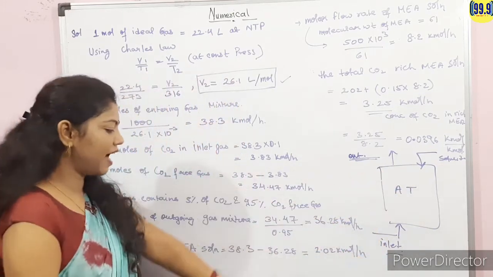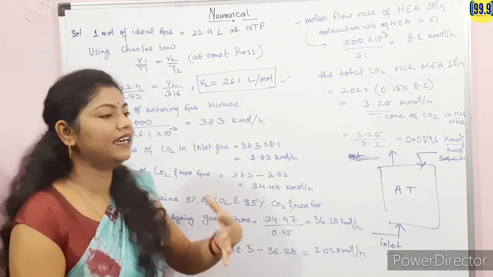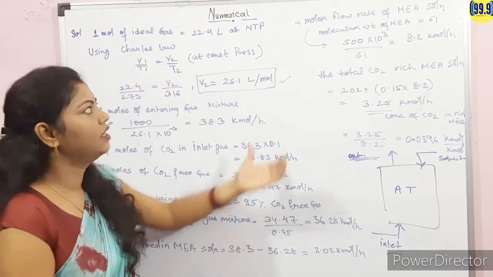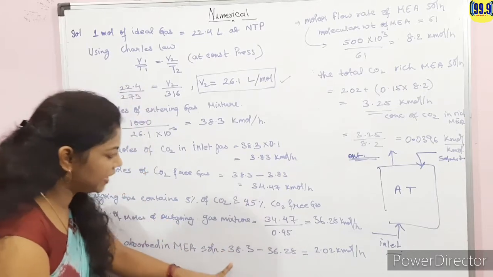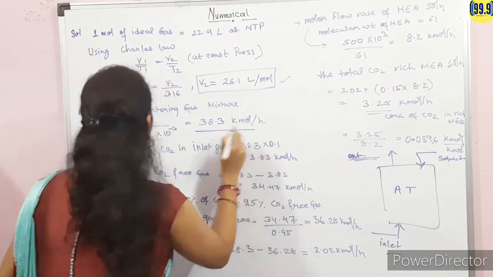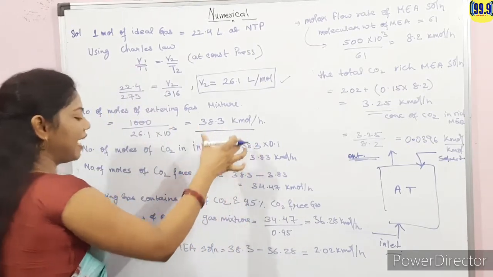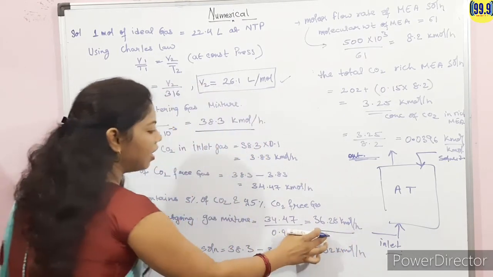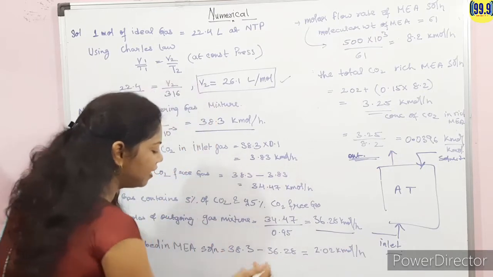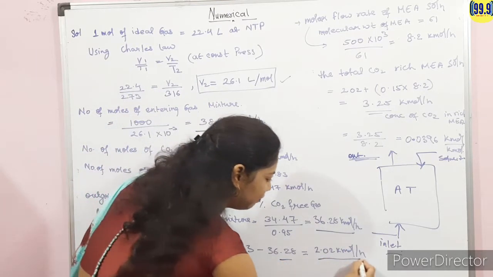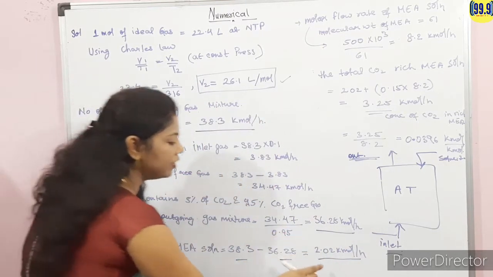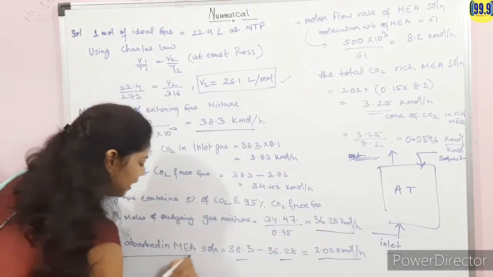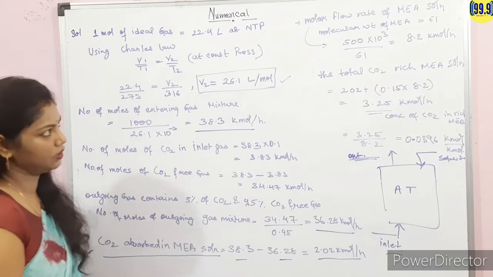By subtracting both of them, we get the number of moles absorbed in the MEA solution, and we get the value of 2.02 kilomoles of carbon dioxide absorbed in the MEA solution.